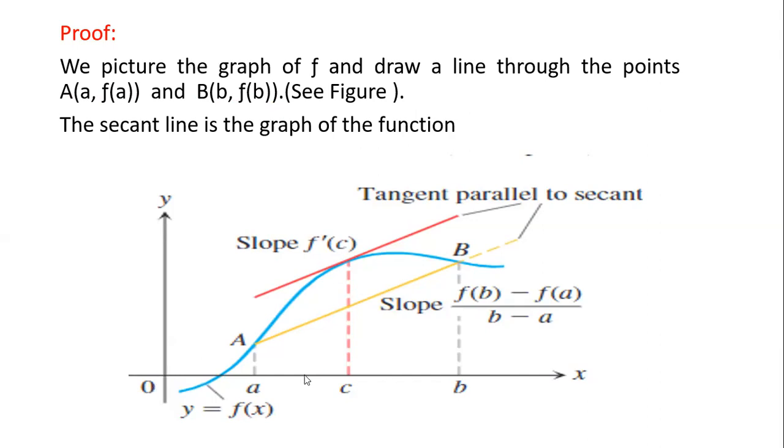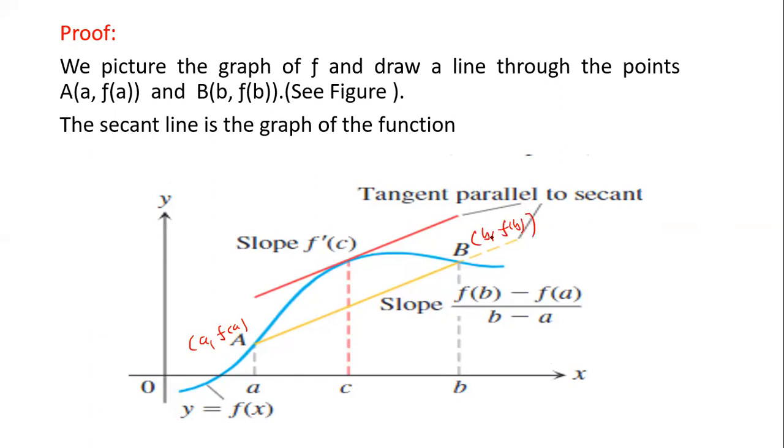See, this is the x-axis. On the x-axis, there are two points a and b. Then this point is called capital A, which means (a, f(a)), and there is a capital B, which means (b, f(b)).